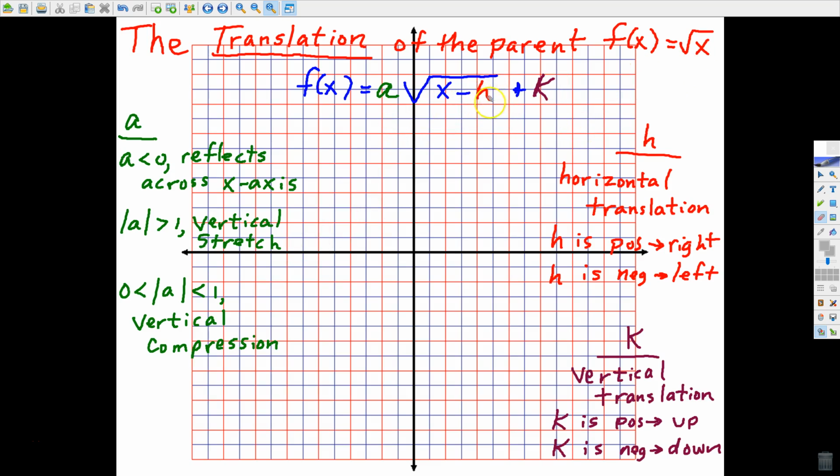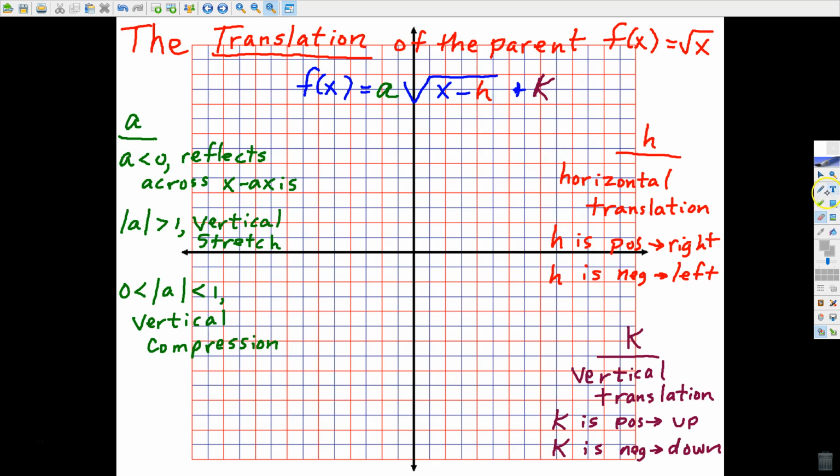Okay, h still represents horizontal movement. You have to be careful, because you have to look at the number sitting in this spot. If this were to say the square root of x minus 5, well, 5 is what h is, and 5 is a positive number, so that would tell me to move 5 places to the right.